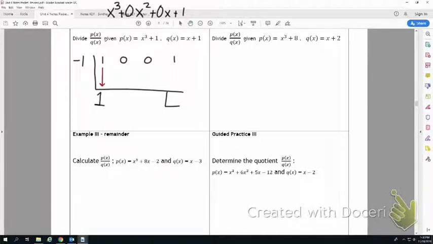After that, negative 1 times 1 is negative 1. 0 minus 1 is negative 1. Negative 1 times negative 1 is positive 1. 0 plus 1 is 1. Negative 1 times 1 is negative 1. And that is 0. And so I end up with x squared minus x plus 1.